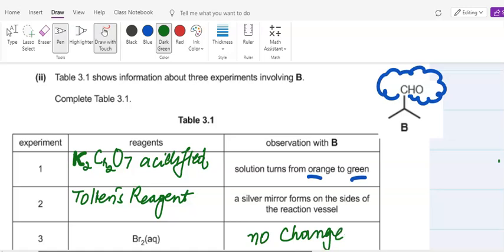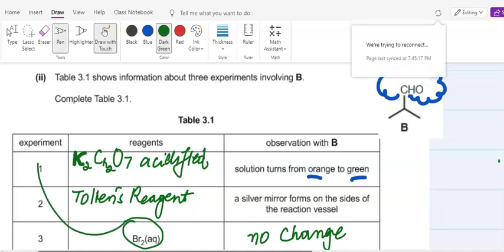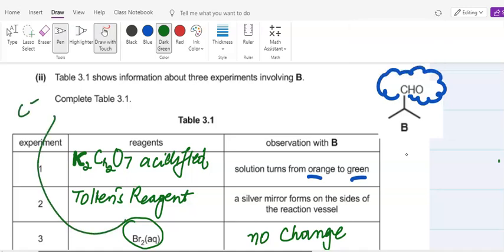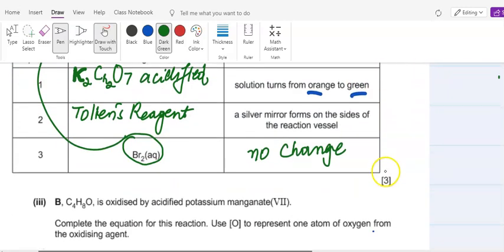Why? Because B does not contain a carbon-carbon double bond. When we talk about bromine, we always consider carbon-carbon unsaturation, so it is not present here, and there will be no change.